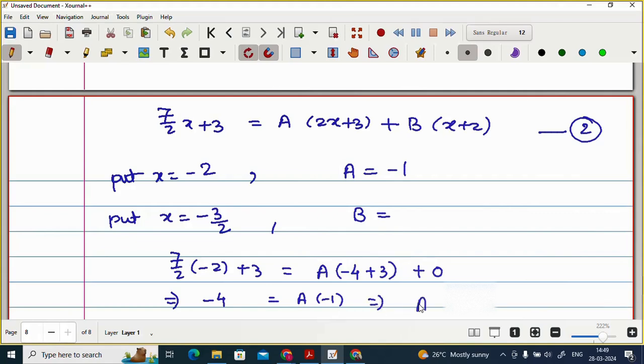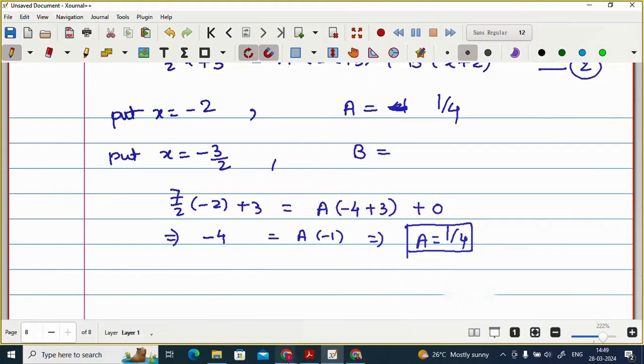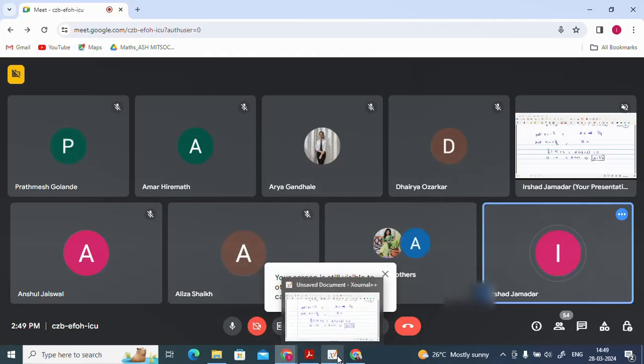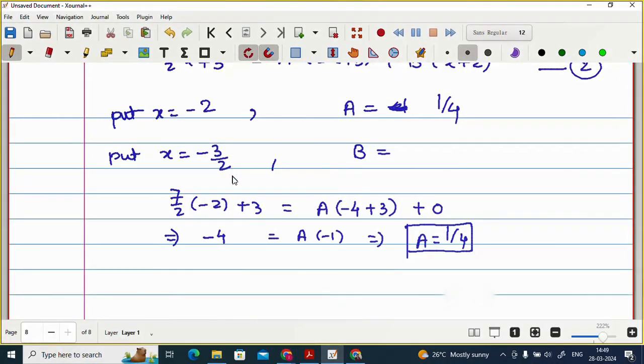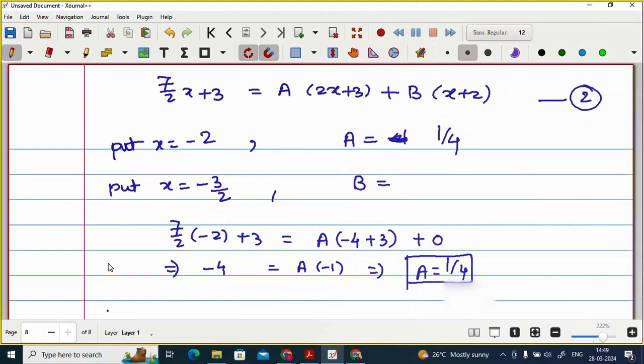So finally a is equal to 1 upon 4. Is it? Are you getting this? Anyone? a is equal to 1 upon 4. This is the answer. You have to do it. Okay. Next, if I put x as minus 3/2, the second way to get the value of b, put x as minus 3/2.